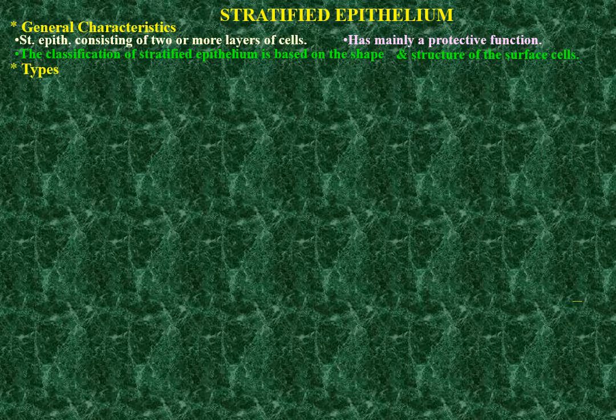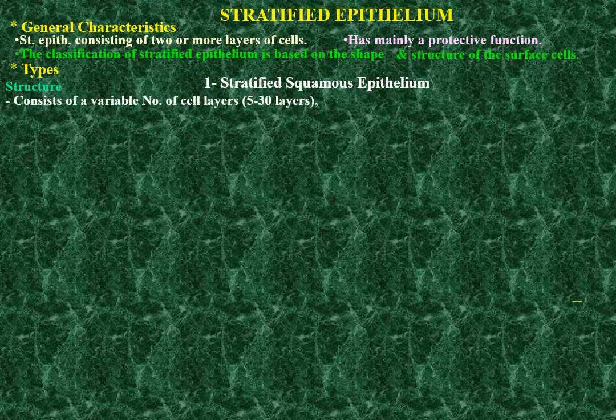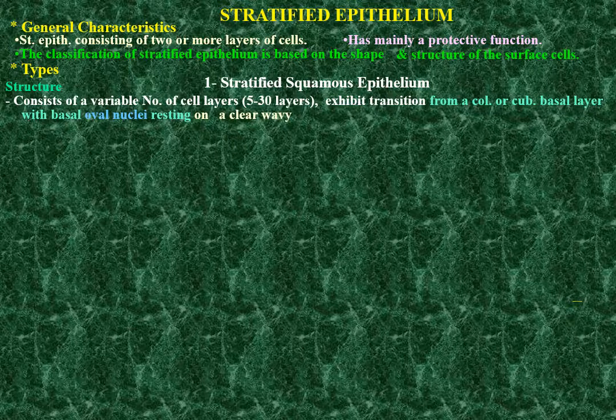Types. Stratified squamous epithelium. Structure. Stratified squamous epithelium consists of a variable number of cell layers, from 5 to 30 layers, which exhibit transition from a columnar or cuboidal basal layer with basal oval nuclei resting on a clear wavy basement membrane to a flattened surface layer with flattened nuclei.